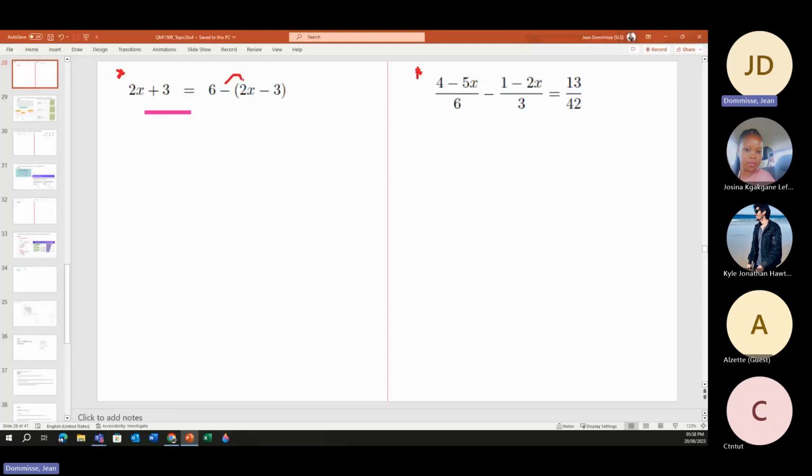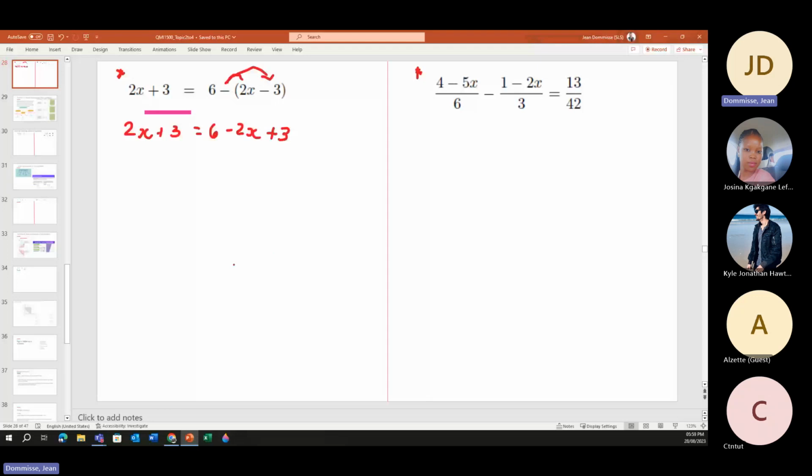So the first thing is to multiply that into what is in the bracket. The first term doesn't change, but the second one does. Minus times 2x will be minus 2x, and then minus times minus becomes positive, so minus times minus 3 becomes positive 3.